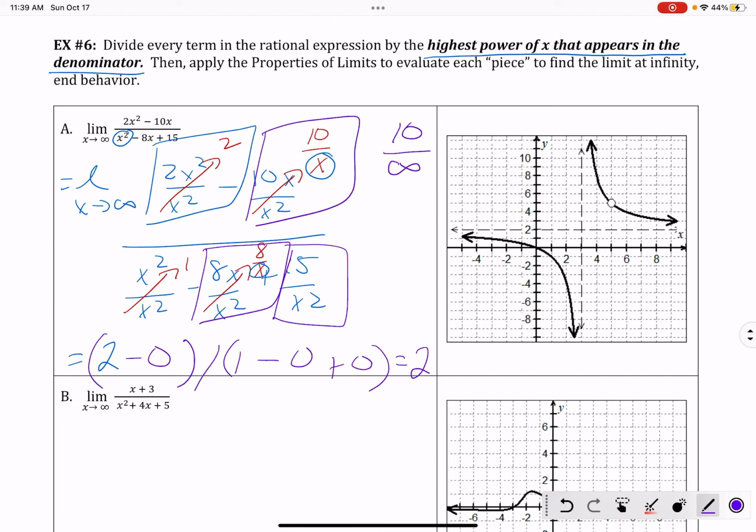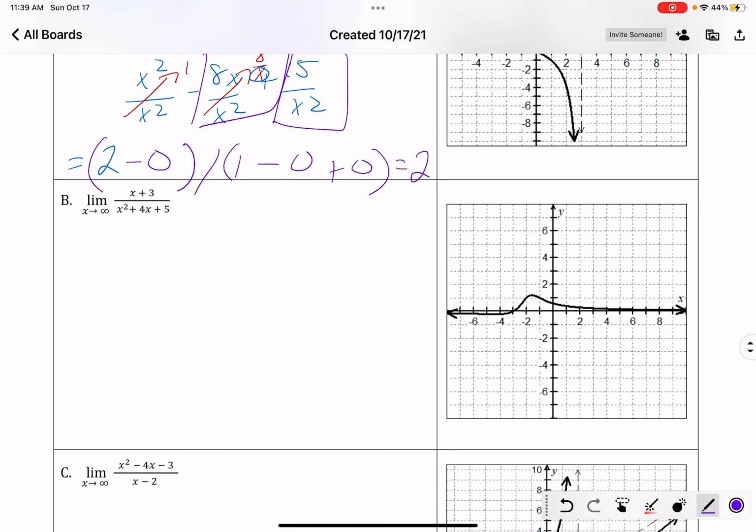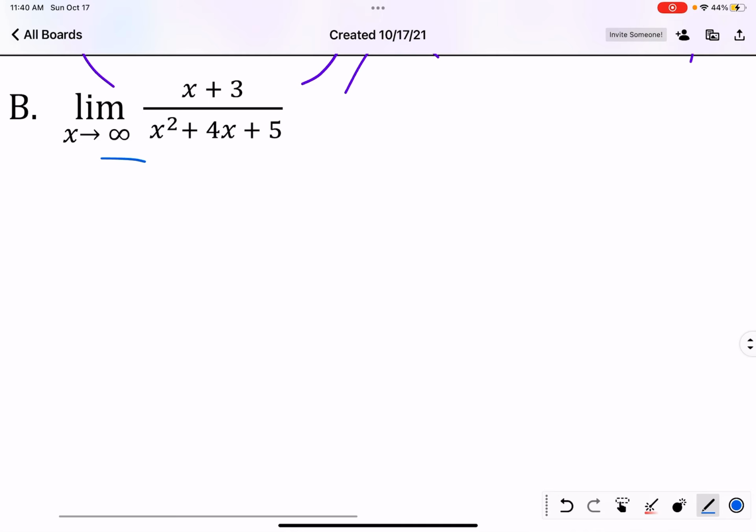So that's the idea. When you have to show algebra, take whatever the highest term is, in this case x squared in the denominator, divide all the terms out, and then everything cleans up really nicely. Now for part B, we know the answer is going to be 0 just by looking at it, because we're checking as x goes to infinity, and we have the power of 1 at the top and the power of 2 at the bottom.